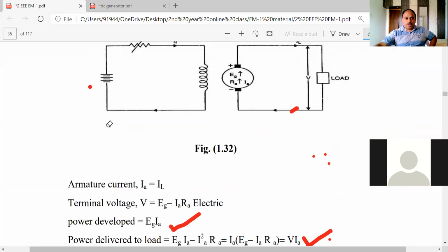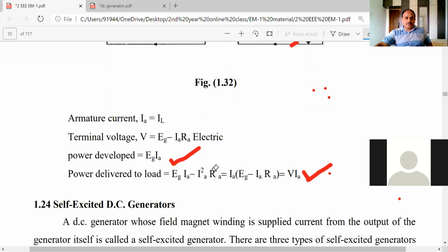Any doubts? No, sir. So what is the equation for the power developed by a generator in a separately excited generator? Eg into Ia.